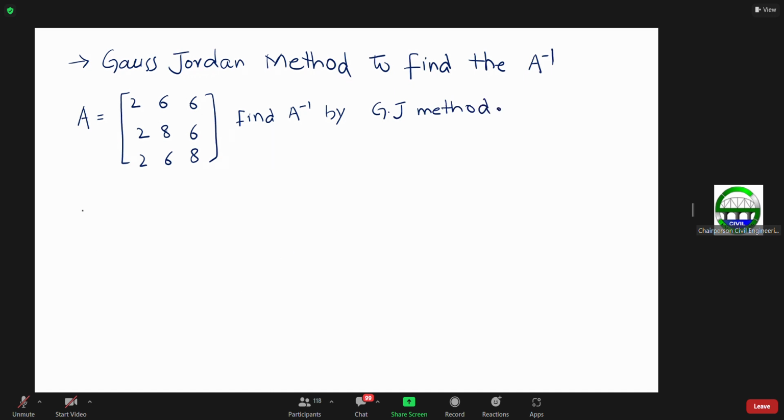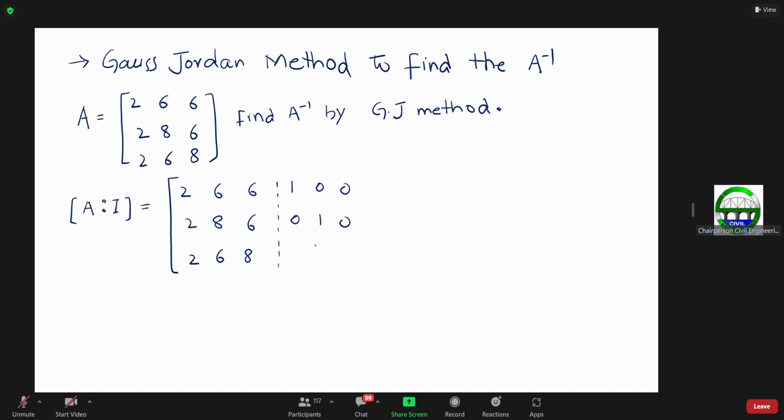So the first rule is that you will write matrix A and the identity matrix together. So you will write 2, 6, 6, 2, 8, 6, 2, 6, 8. Right? And then you make a slash like this and write the identity matrix 1, 0, 0; 0, 1, 0; and 0, 0, 1.